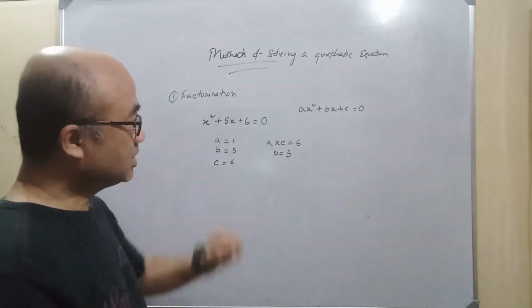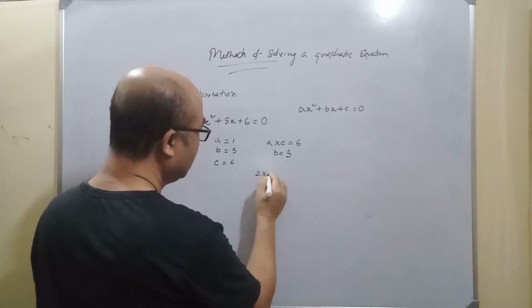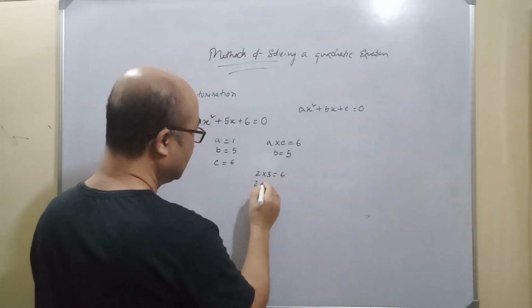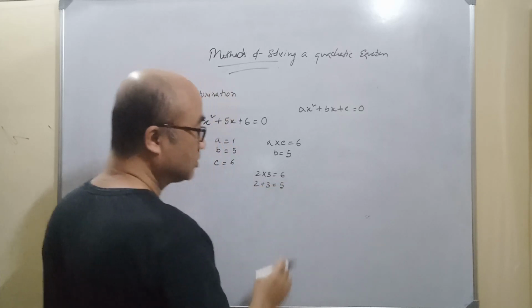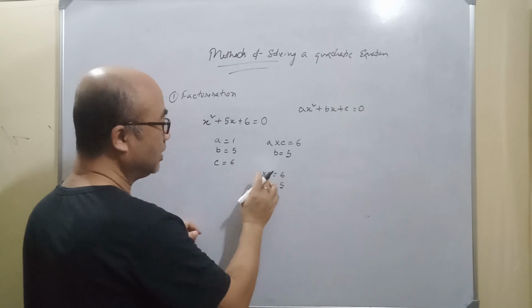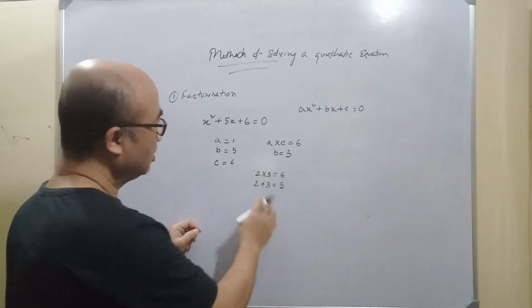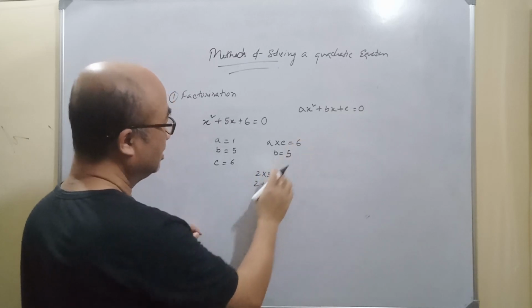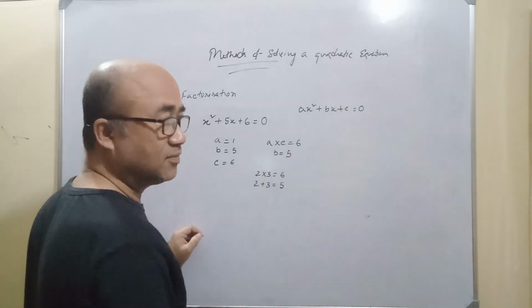So what can those numbers be? If we multiply 2 into 3, then it is 6. Then 2 plus 3 is equal to 5. So 2 and 3 are the two numbers we need, because if we multiply them you get 6 and if you add them you get 5, right?